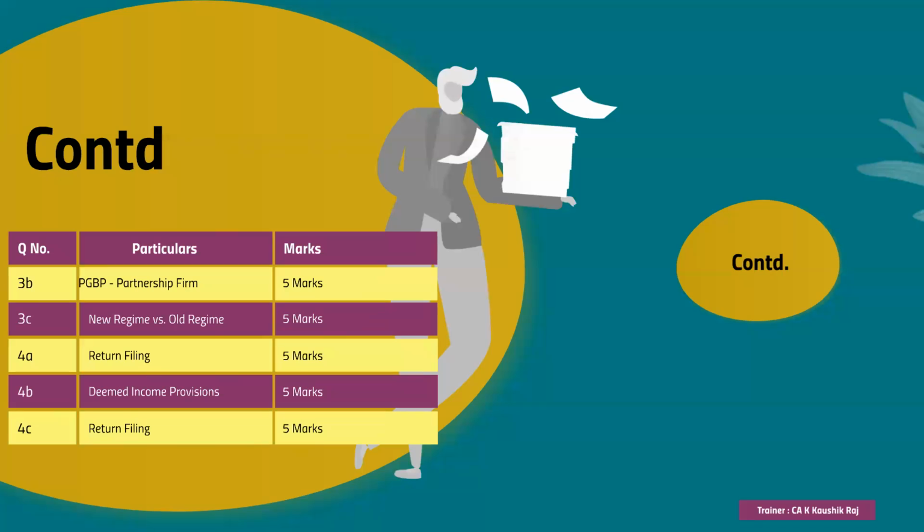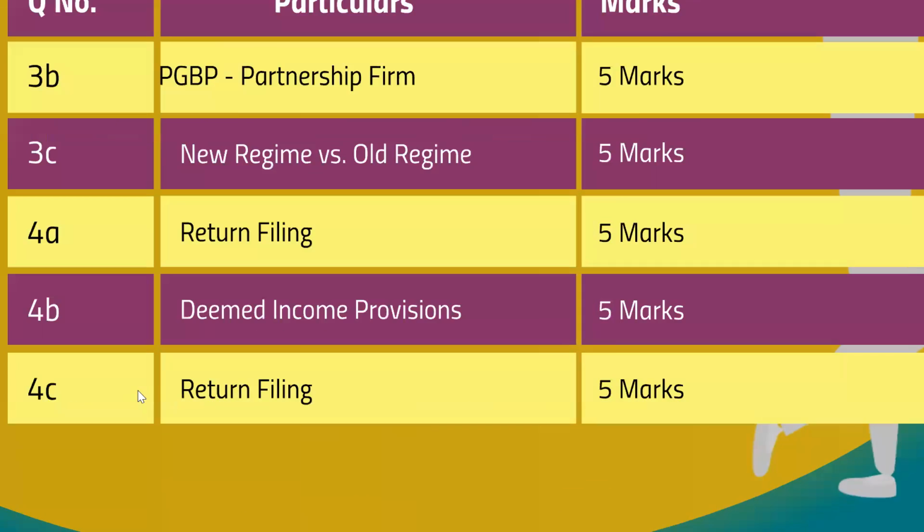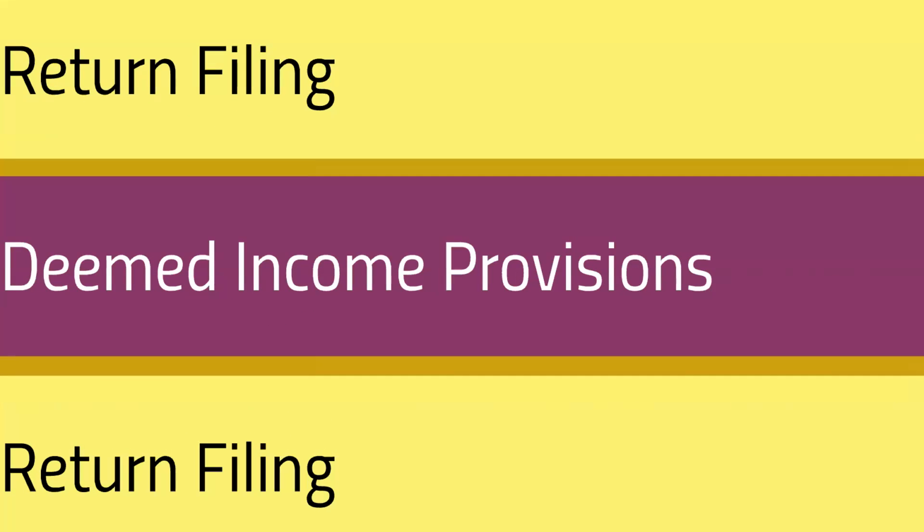Moving further, the second segment again asked a question on deemed income provisions, section 9 or section 5, which we read in the first chapter, overview of income. Okay, the taxation of income, the charging provisions of income. The question is coming from that particular concept. All of us think that the first chapter is very basic, nothing to read, nothing to leave.